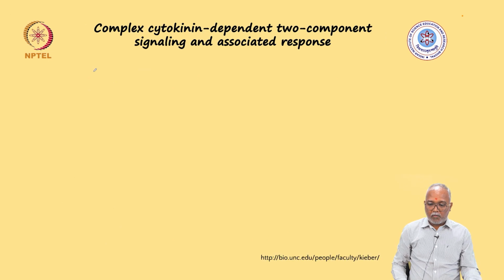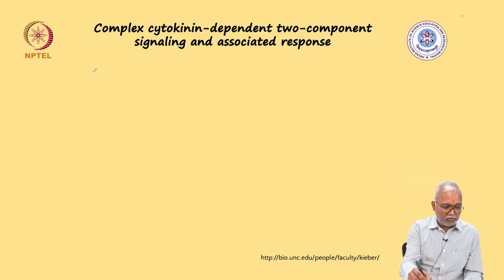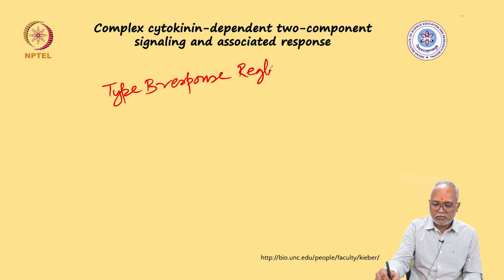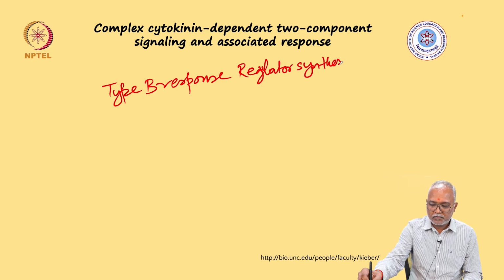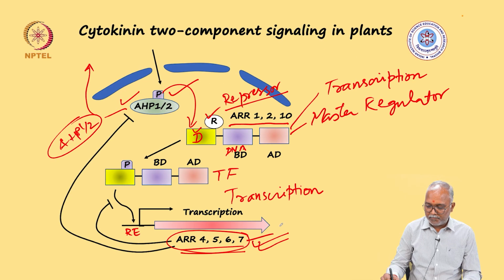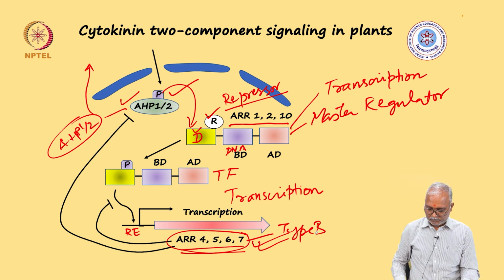Now let's look at what exactly this eventually will do. So we saw you got the type B response regulators synthesized. If I go back, this is your type B response regulators.